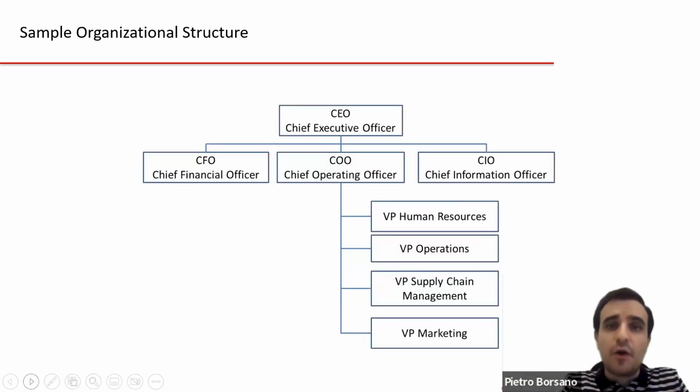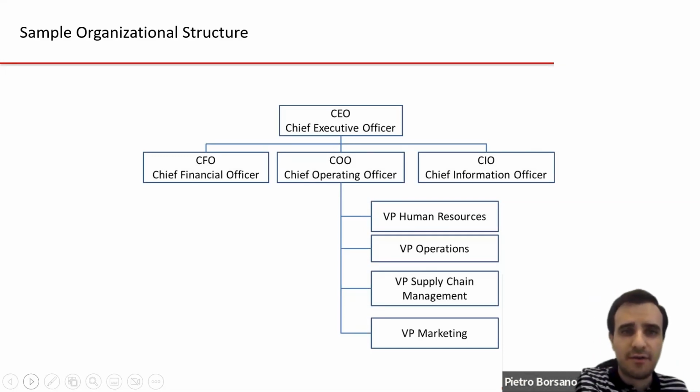I say that operations are very crucial, and due to technology evolution, are becoming even more crucial. A sample organizational structure that many companies are now adopting is displayed on this slide. You see that under the chief executive officer, who will direct the overall strategy of the organization, we have a CFO in charge of accounting and finance.